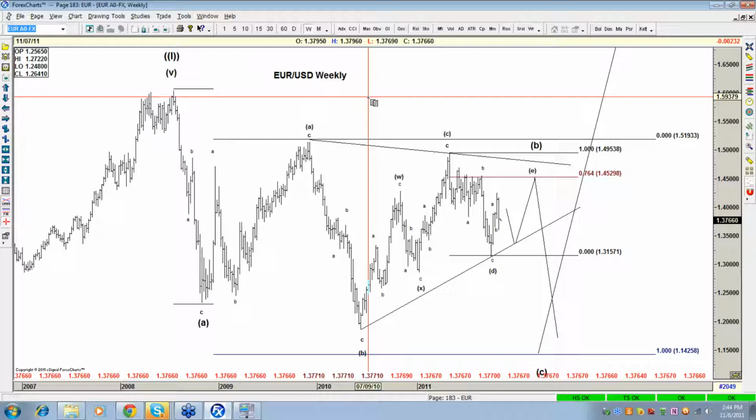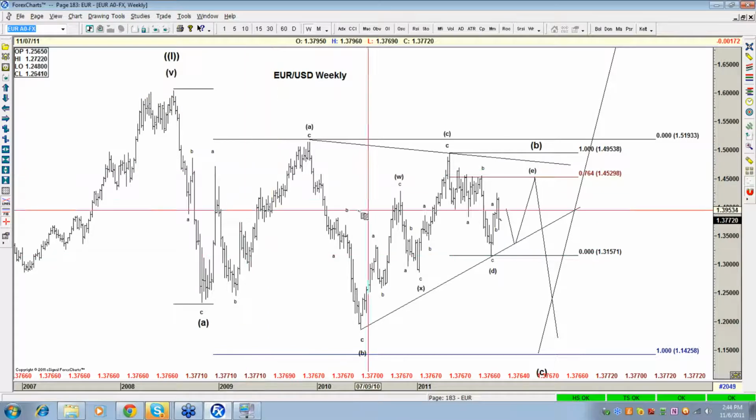But if it's still within the D wave, cable needs 2 more lows to complete a corrective structure. So I don't support that idea because of the 2 lows being needed to complete the structure.